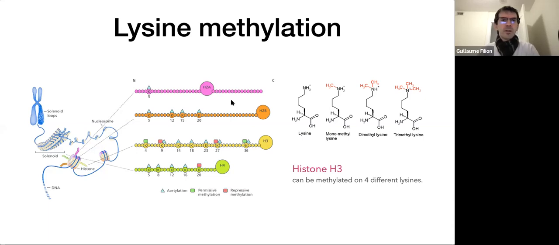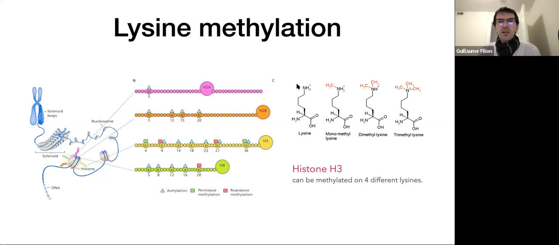That's one way you could put it. And so if you look at histone H3, it has the most possibilities of methylation. There's this lysine in position 4, position 9, position 27, and position 36 that can all be methylated. The other lysines can be acetylated. And for histone H4, it is only the lysine in position 20 that can be methylated.